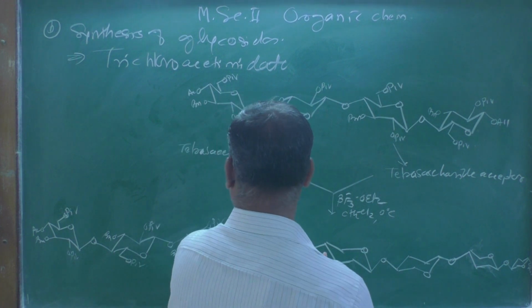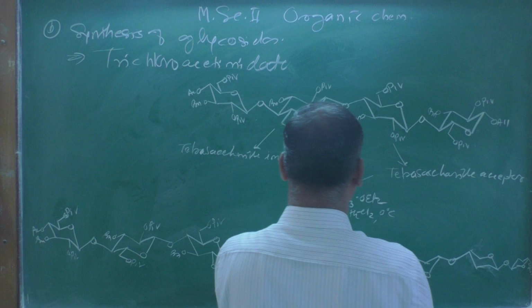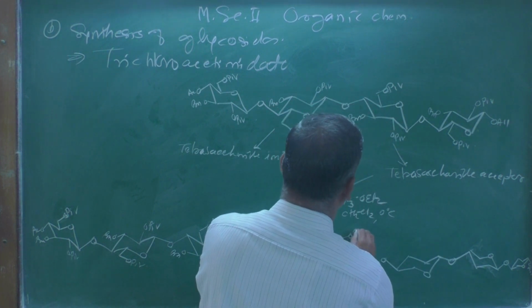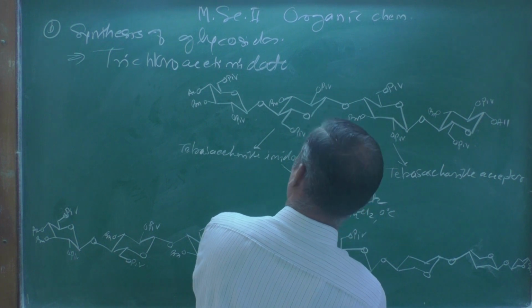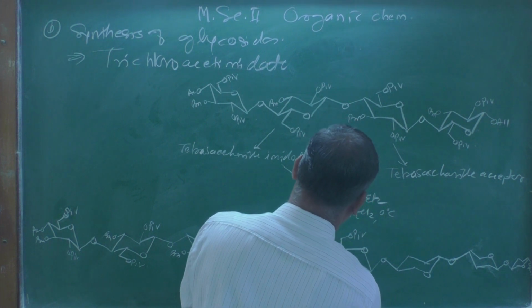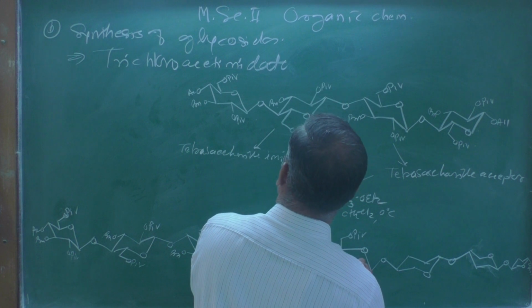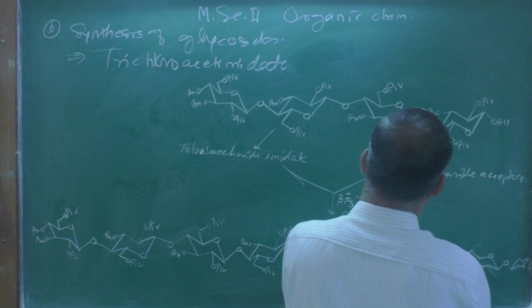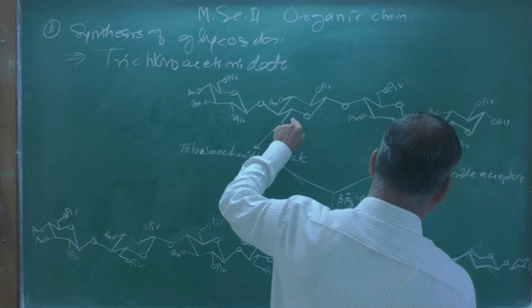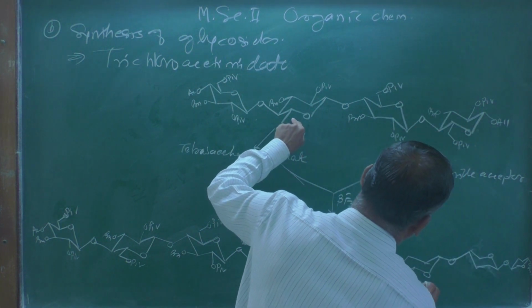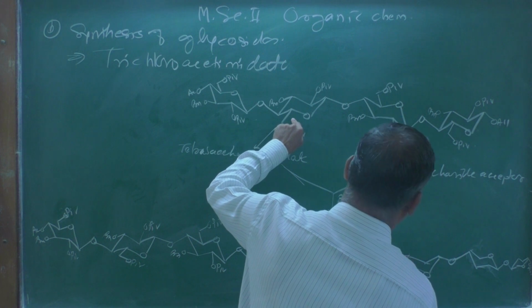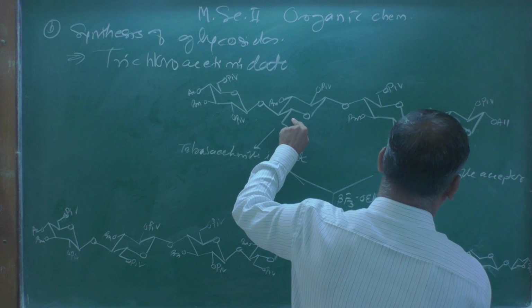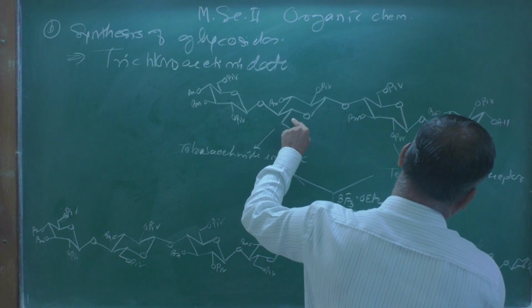And now come, these are the fourth one. Now here at this position once again there is OPiv, and here you can write OBn, and here as it is OPiv, and here OPiv, here OBn, and here OPiv.